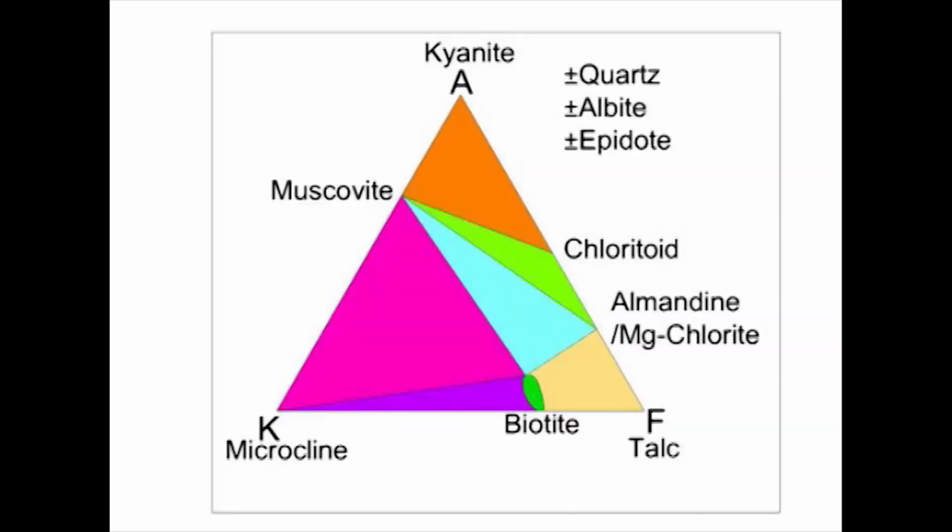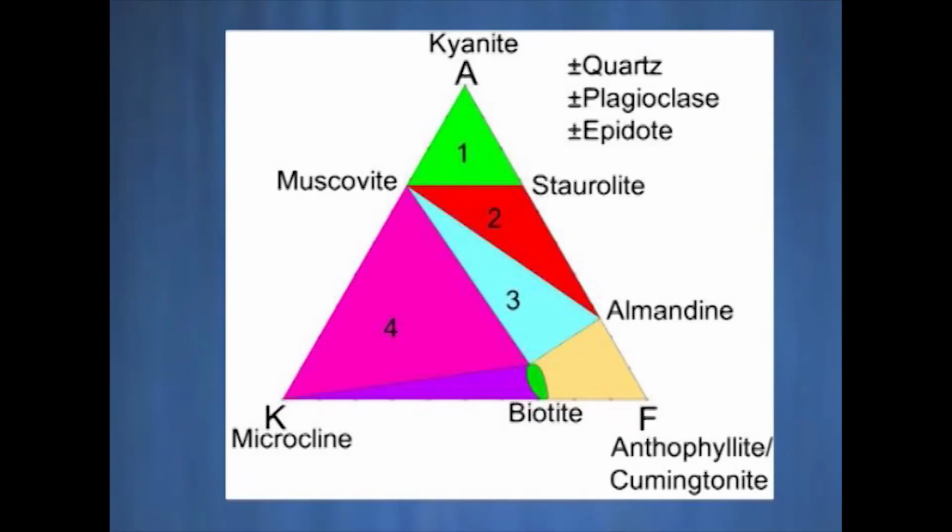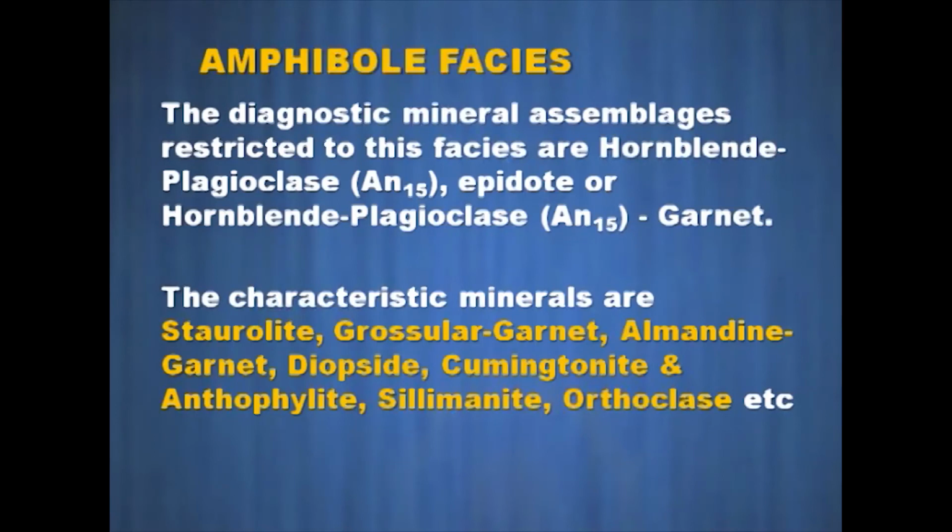The appearance of staurolite is the indicator of the upper limit of the greenschist facies and the beginning of amphibolite facies. The diagnostic mineral assemblages restricted to this facies are hornblende plus plagioclase, anorthite 15%, with or without epidote, or second, hornblende plus plagioclase anorthite 15 plus garnet.